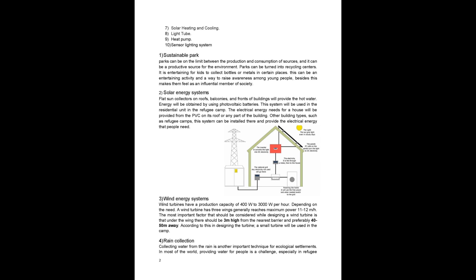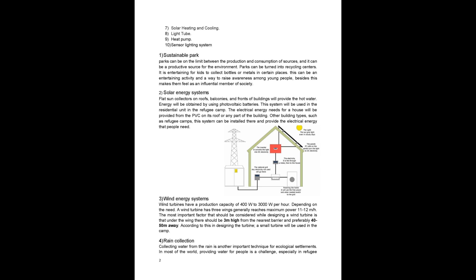The third one is wind energy systems. Most wind turbines will not be used in a refugee campus, but in this case, due to the location and the fact that there are no buildings next to the site of this refugee camp, it could be applicable.